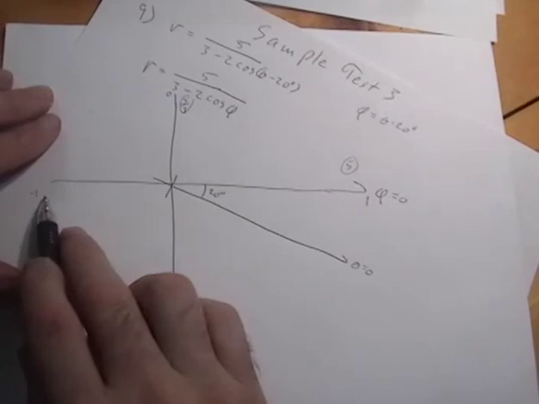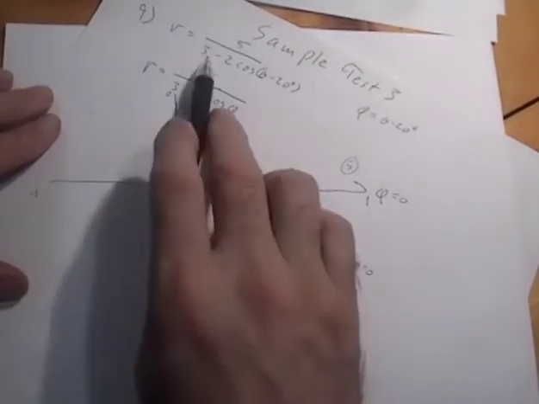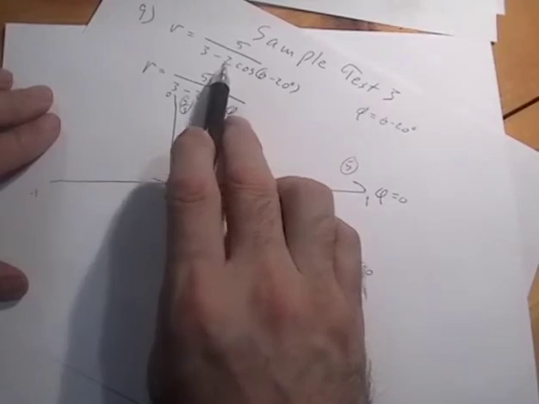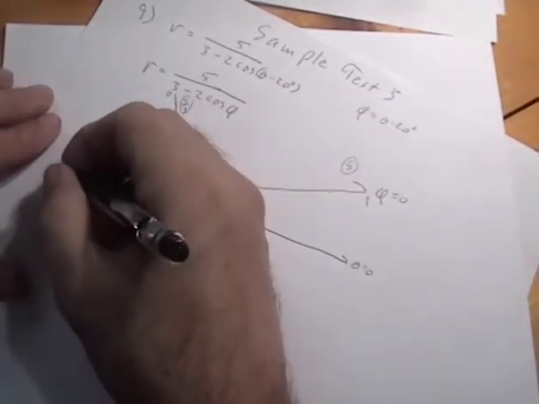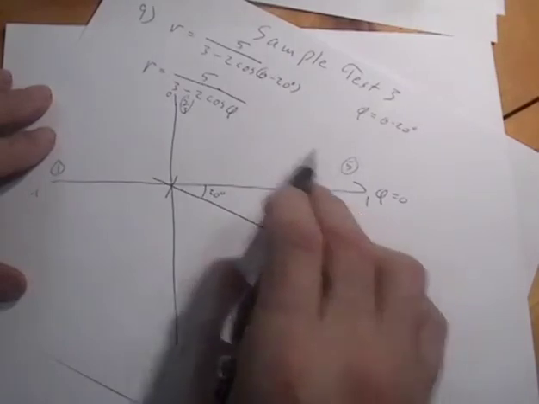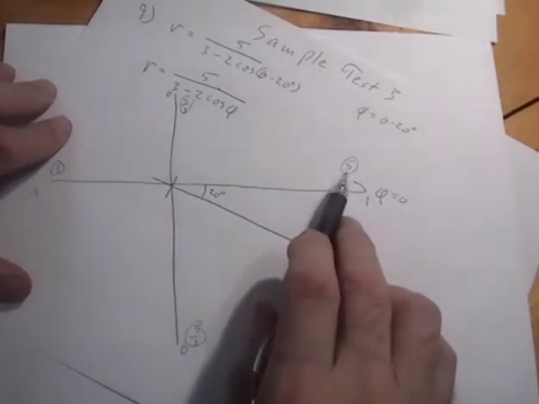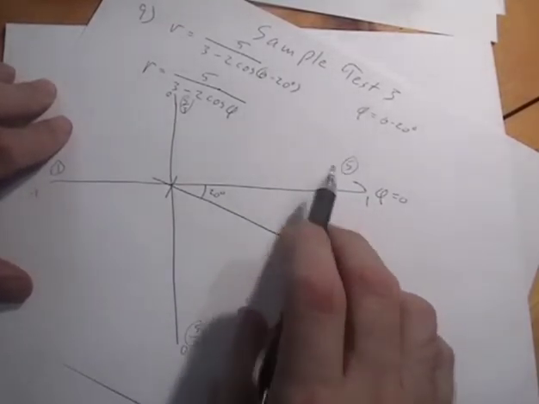And in the negative 1 direction, I'm going to have 5 over 3 minus a negative 2, so 5 over 5, which is 1. I like getting these numbers first, so I have a sense of how big the scale needs to be. My biggest number is 5, so that's the one I need to fit on.